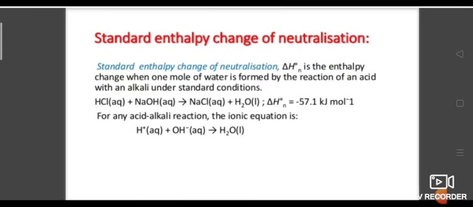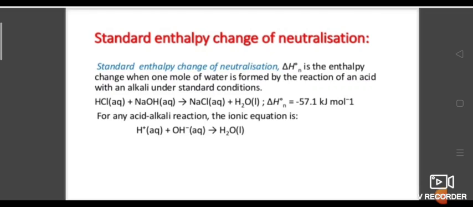Next, the standard enthalpy change of neutralization. We know the heat of neutralization is defined as the heat evolved when 1 mole of hydrogen ion of an acid is neutralized completely by 1 mole of OH minus of a base in very dilute solution.